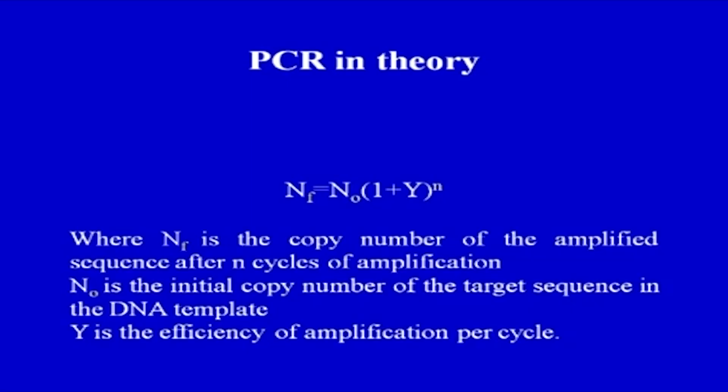The amplified products then accumulate exponentially as described in this equation, where you can see NF equals N0 (1 plus Y) raised to power n, where NF is the copy number of the amplified sequence after n cycles of amplification and N0 is the initial copy number of the target sequence in the DNA template. Y is the efficiency of the amplification per cycle.